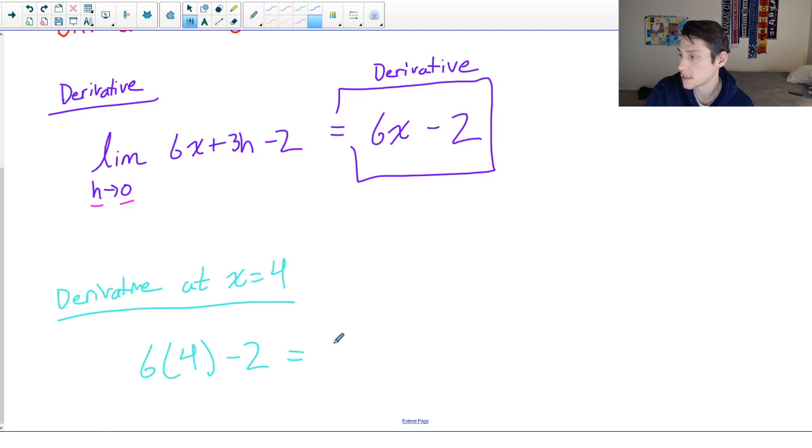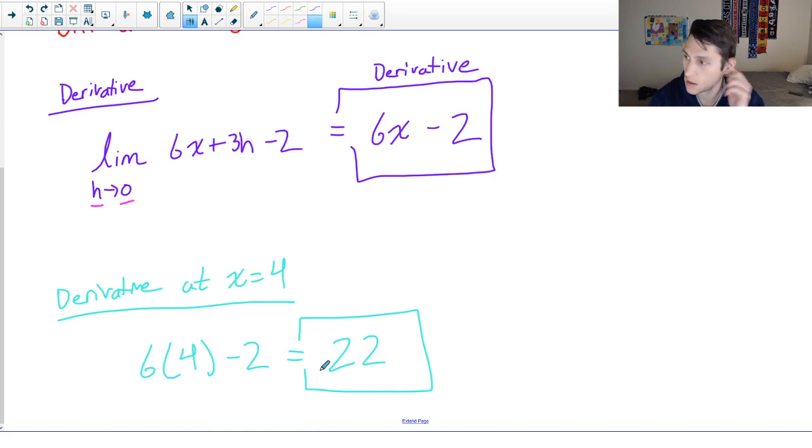So 24 minus 2 is 22. It just depends on what the question asks me. If it just asks for the derivative, then I would end up with an expression like this. But if it asks for the derivative at a specific point, I first need to find the expression, and then after that, plug in whatever value it tells me.